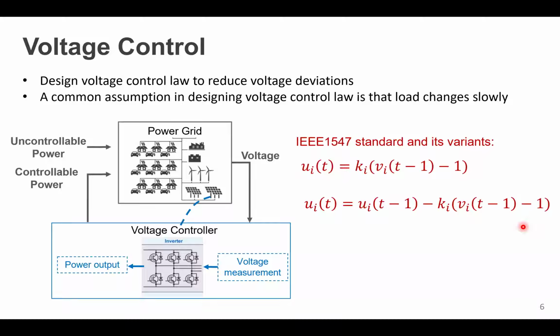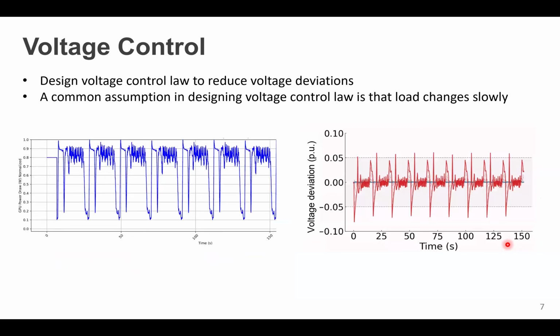However, one inherent assumption of this design is that the load changes very slowly throughout time. So during the time horizon for control, we can envision the load as being constant. But if we directly apply this control law to a system with significant time variations of the load, like the data center load we have seen, this would be the voltage performance we can see.